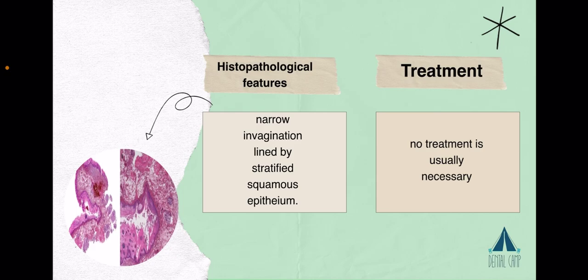Histopathologically, the narrow invagination is lined by stratified squamous epithelium. Treatment: because commissural lip pits are virtually always asymptomatic, no treatment is usually necessary. If salivary secretion is excessive or secondary infection occurs, surgical excision of the pit may be necessary.